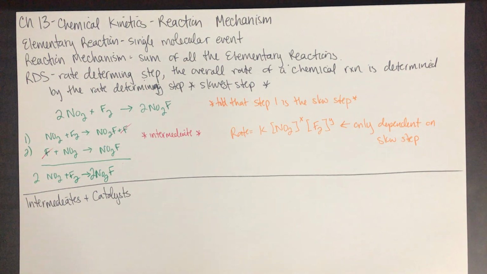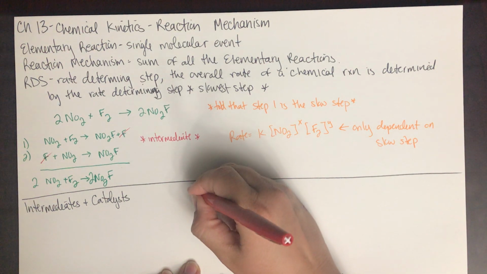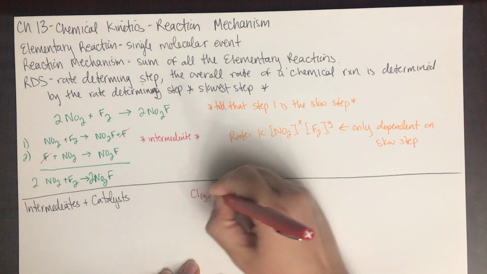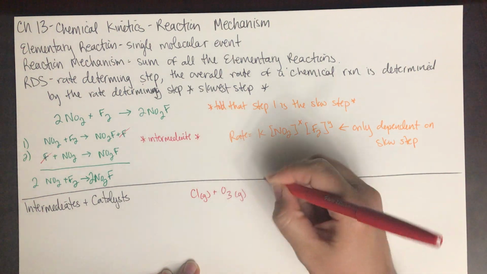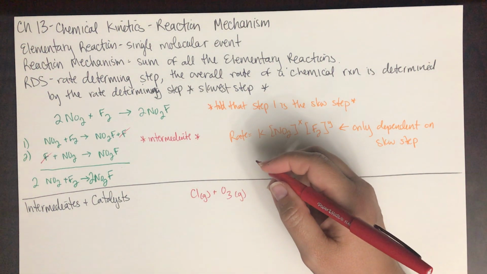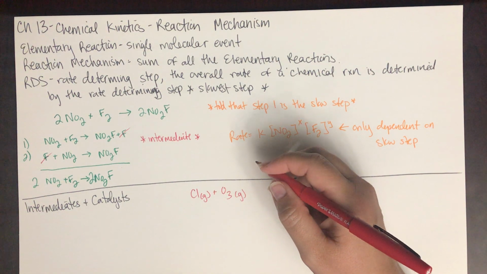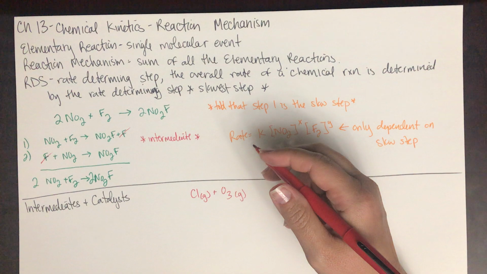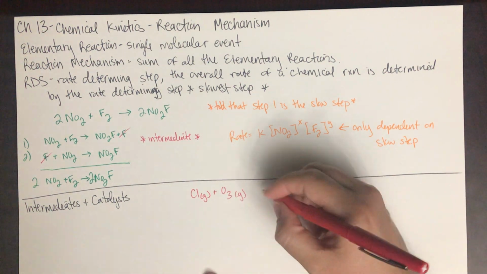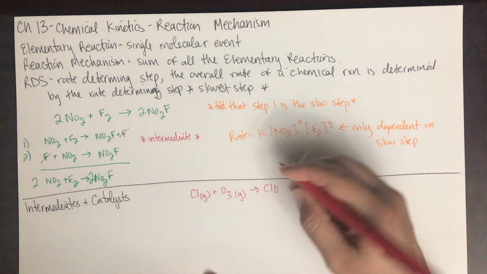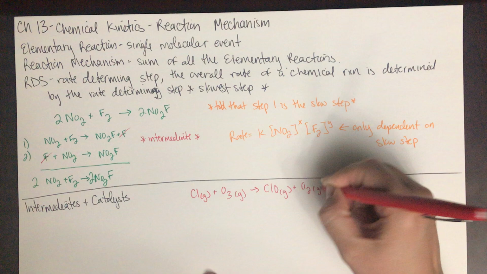So here's the example. We have chlorine gas plus O3 gas. This is ozone. This is how chlorofluorocarbons decompose, and this is what decomposes the ozone. So we have chlorine gas and ozone producing ClO gas plus oxygen gas.